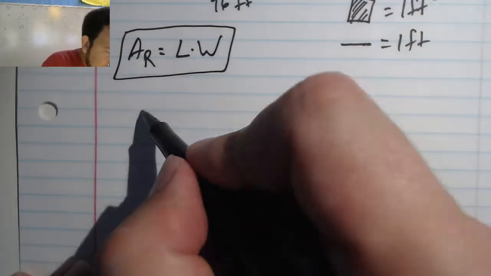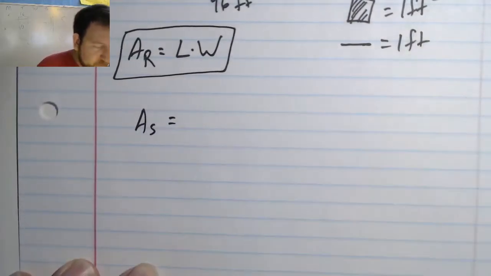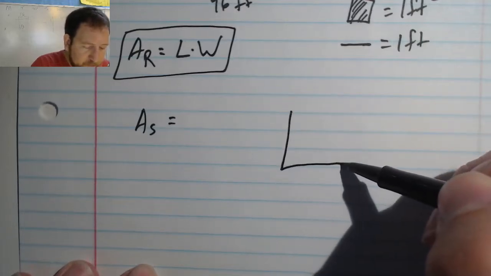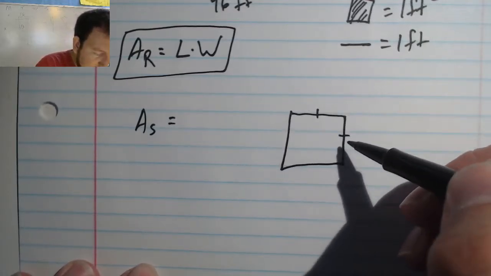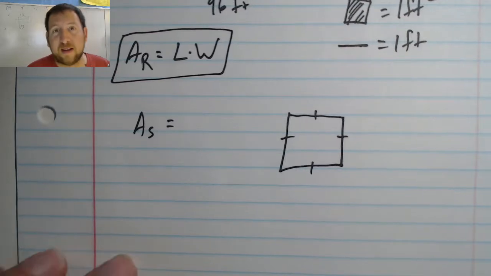Lastly, let's take a look at the area of a square. This time, if I have my square, it is the same as last time. All the sides are equal. My square is a little off, but pretend that it's perfect.